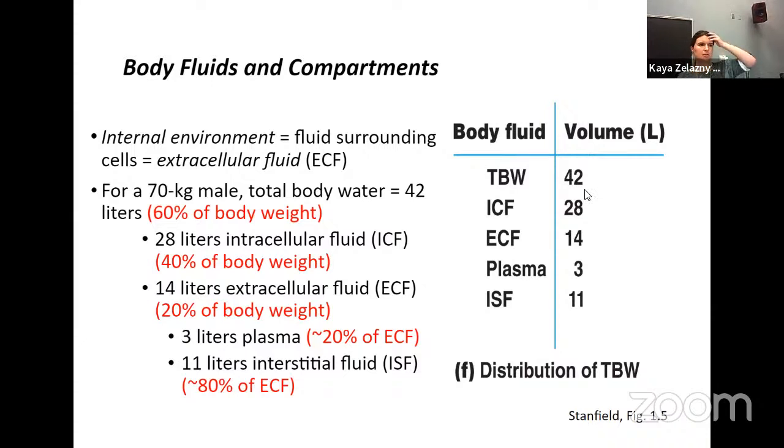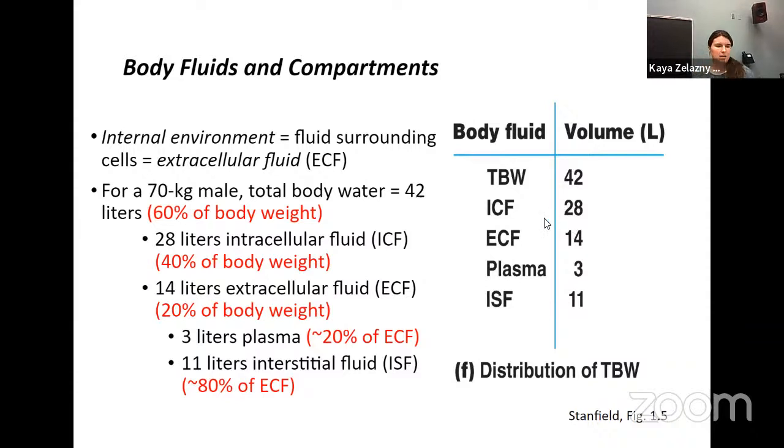Okay. So about 42 liters, 60% of body weight is our water inside the body, that total body water. Now we divide it between the ICF and the ECF. So that's our first division. Is it inside a cell or is it outside a cell? So we have our 28 liters versus our 14 liters here.